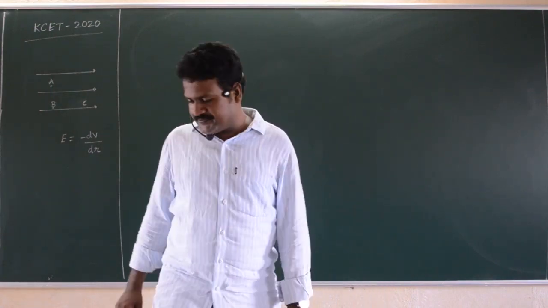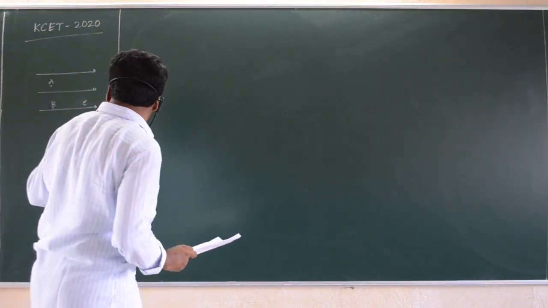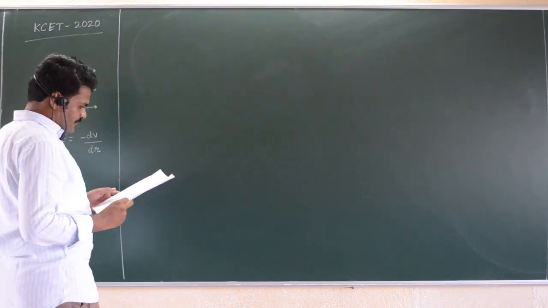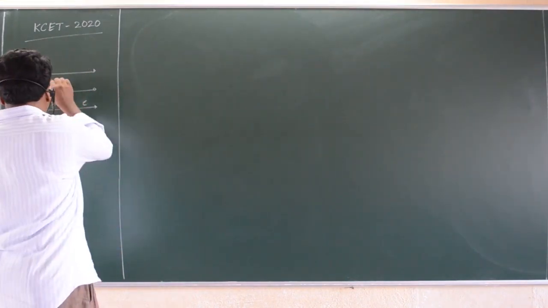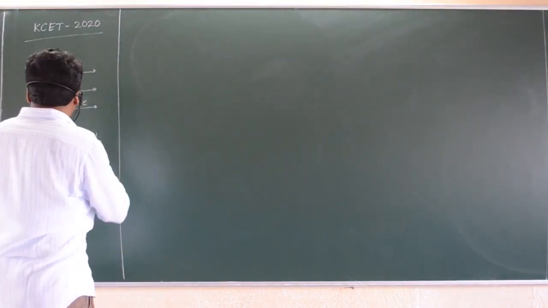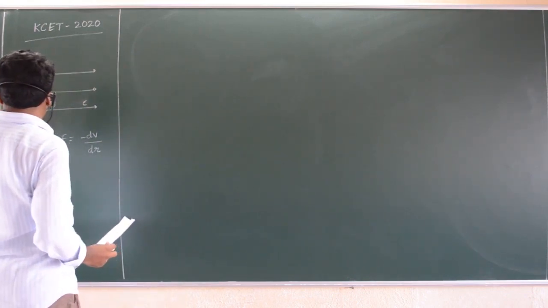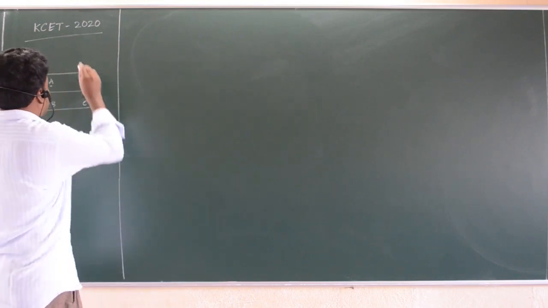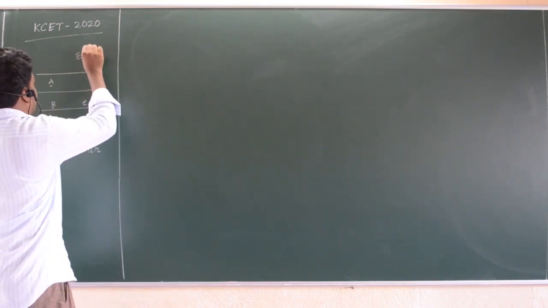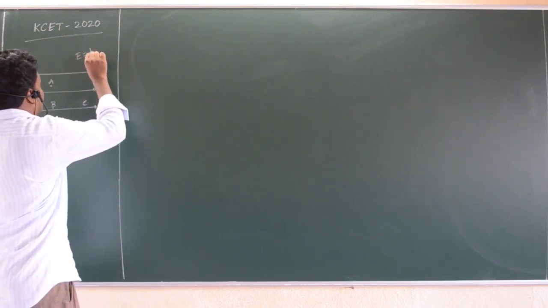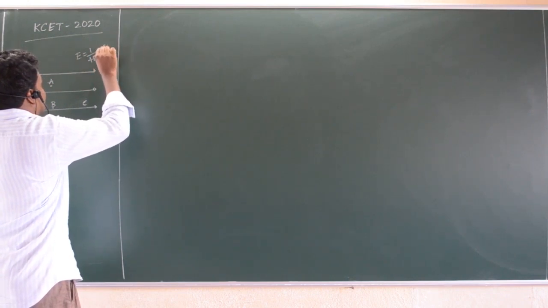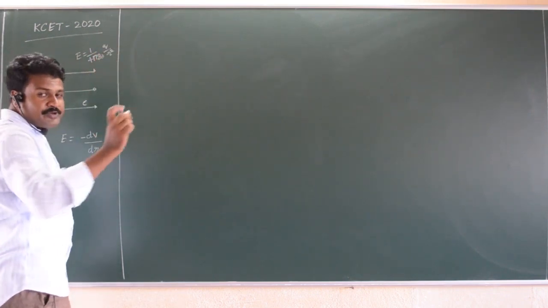In the direction of electric field, potential decreases. That means the potential of C should be less than B, and A should be equal to B because they are on the same horizontal line. That means they are at the same distance from the source. Electric field is equal to 1 by 4 pi epsilon naught Q by R square, where R is the distance from the source.